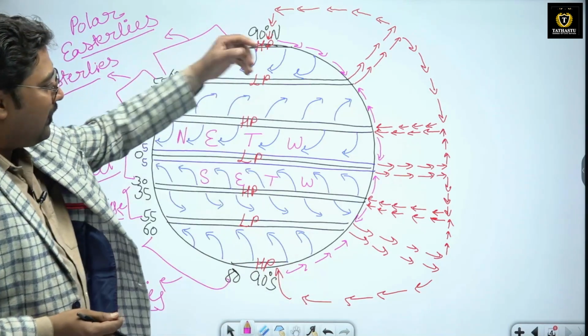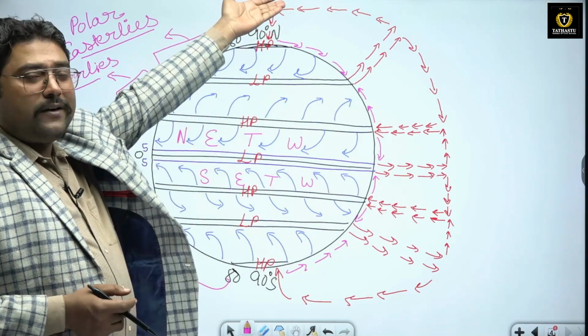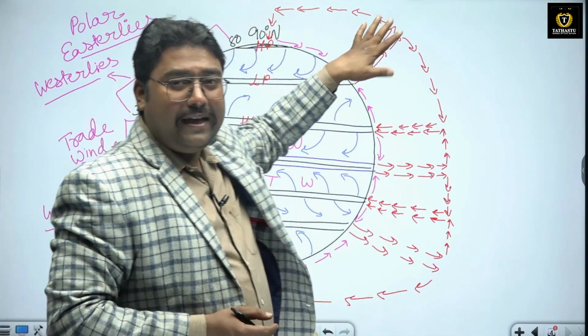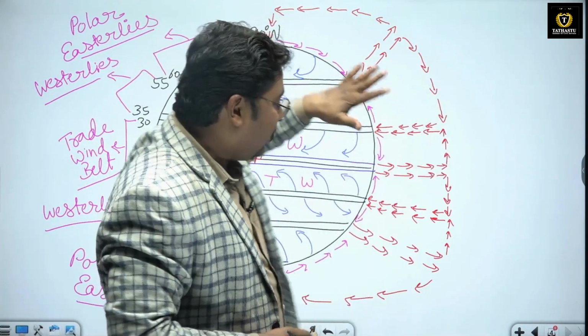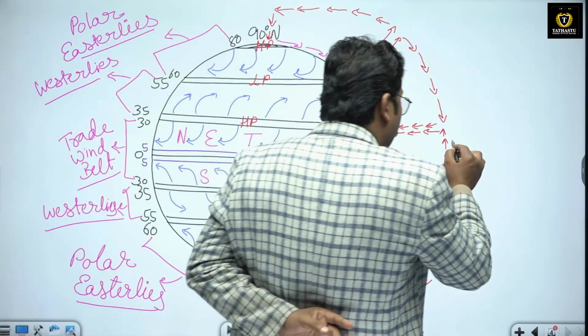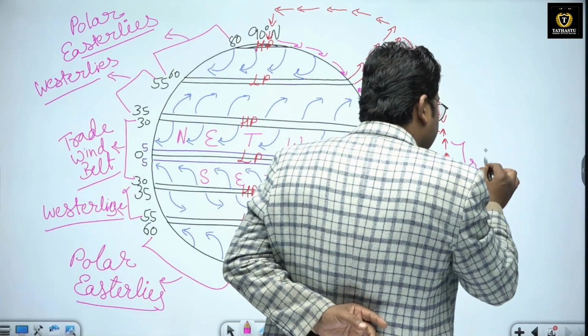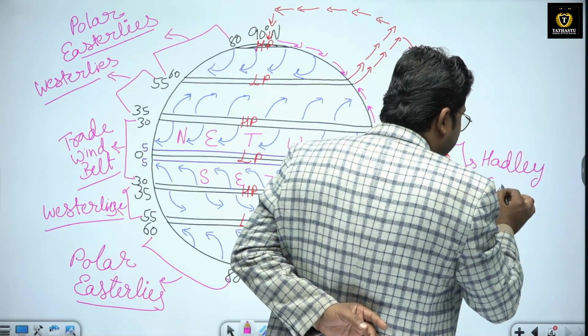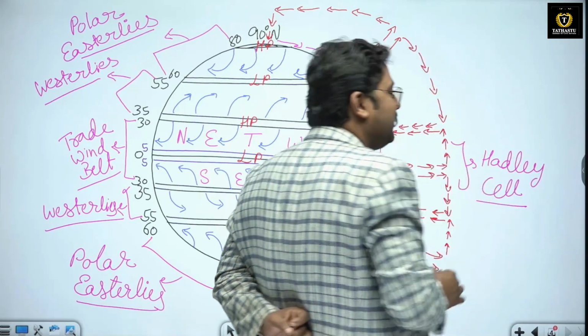Now if you recognize, three separate cells have been formed in the northern hemisphere and three in the southern hemisphere. The initial two were given by Sir George Hadley, due to which it is considered as Hadley cell.